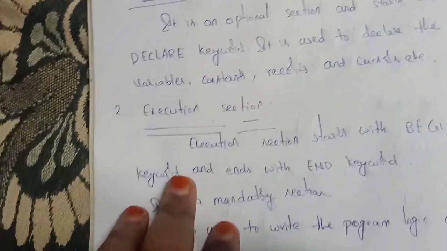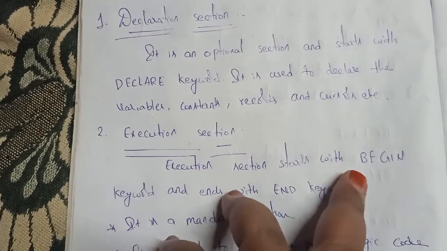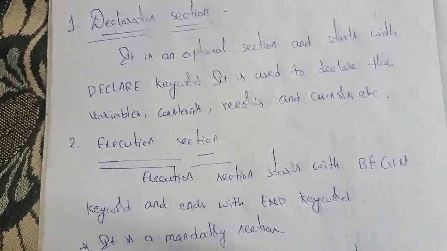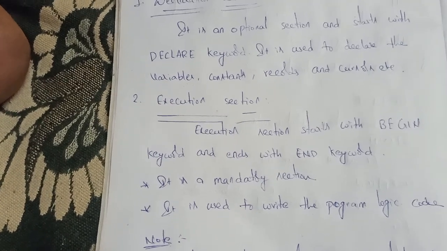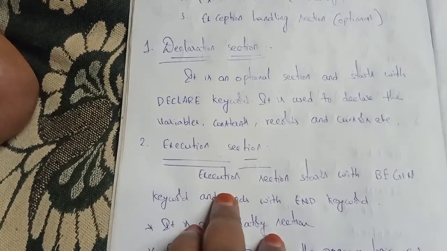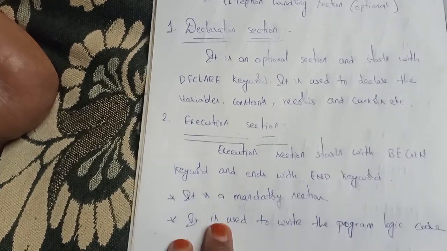Let's come to the execution section. The execution section starts with the begin keyword and ends with the end keyword. Mainly you need to remember this structure only, then you are able to write all of this content. It is a mandatory section.